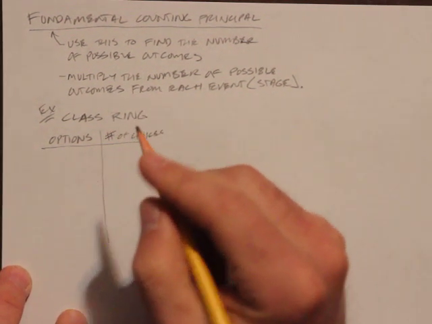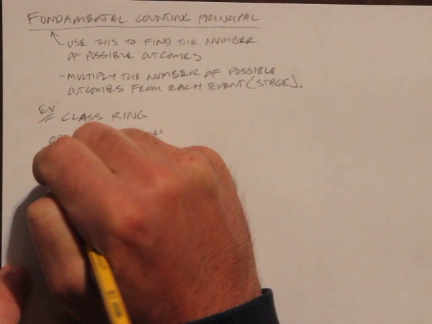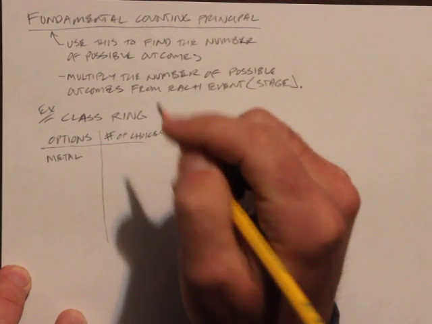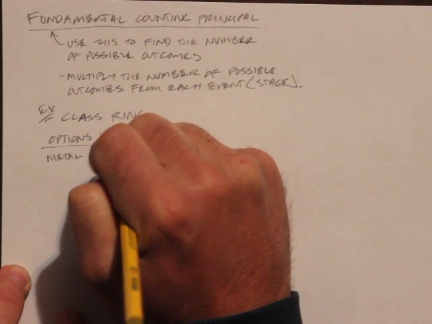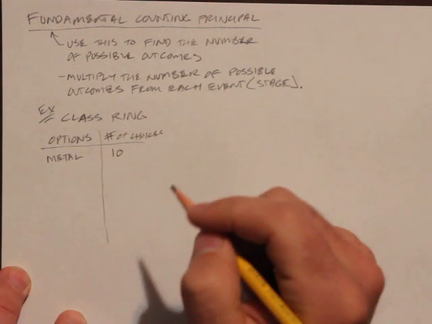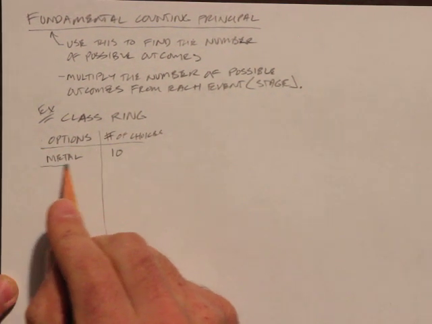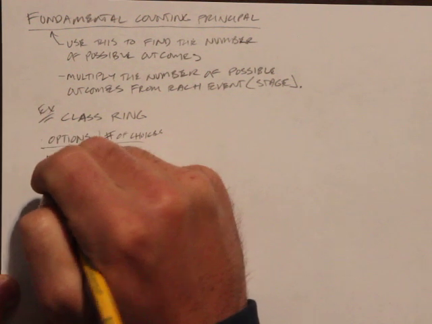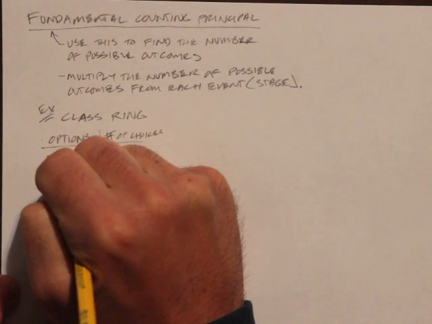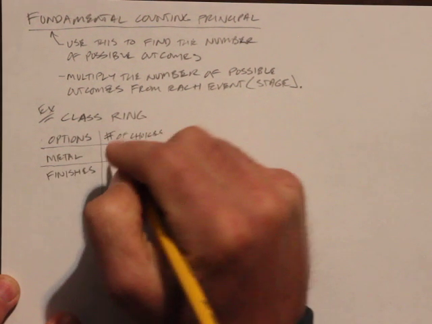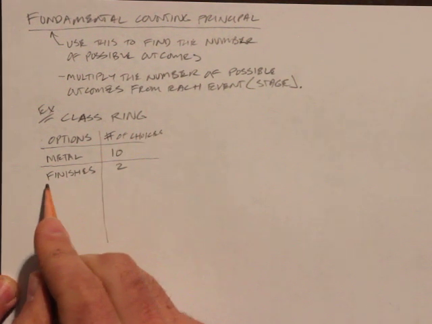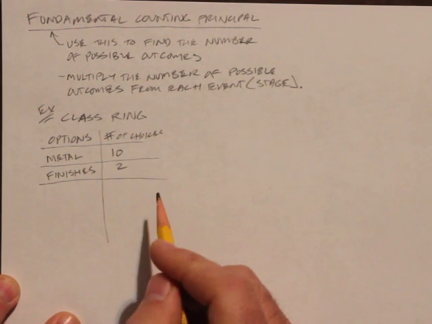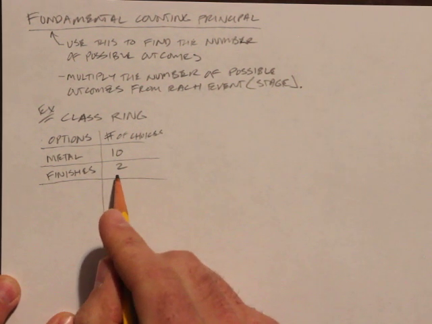So for a class ring, you might get to choose which kind of metal you want. So there might be gold, platinum, whatever. So there are 10 choices here for the type of metal you can choose. Now there are different finishes for this metal. So maybe there's brushed and polished or whatever, 2 different kinds of finishes.